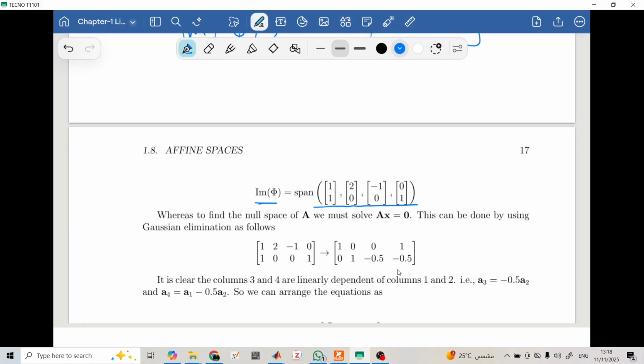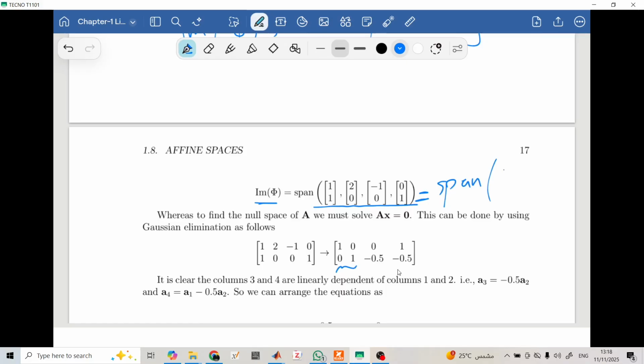The vectors are the columns of the matrix A. This is the same as the span of the basis vectors, which are the first two columns here, as we see.